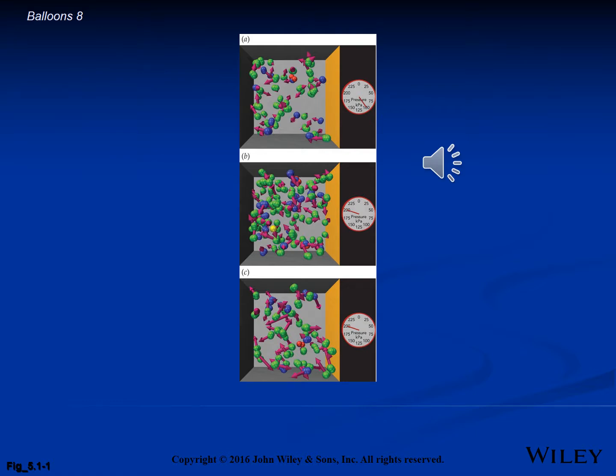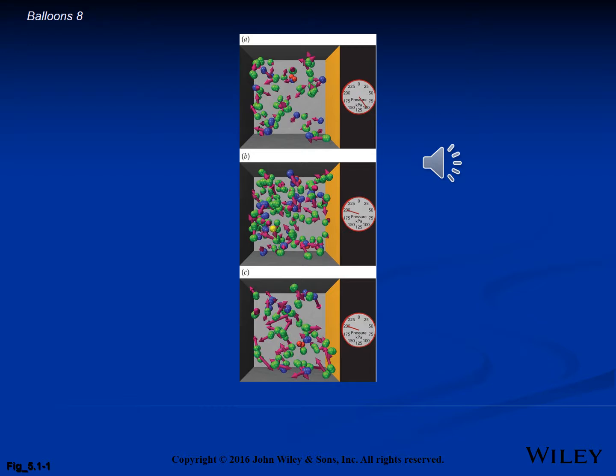Now let's look at the balloon question again. If you have fewer particles in the room, you have lower pressure, as the gauge shows in the top picture. In the second picture, the number of particles is bigger, and therefore the pressure is larger.